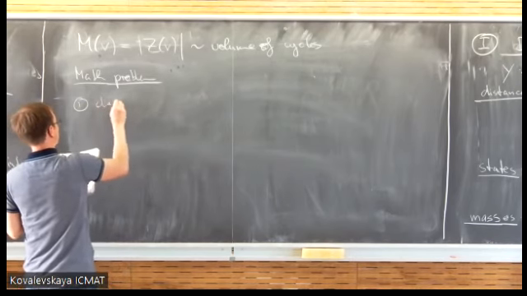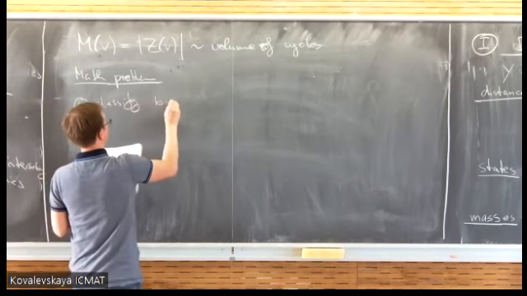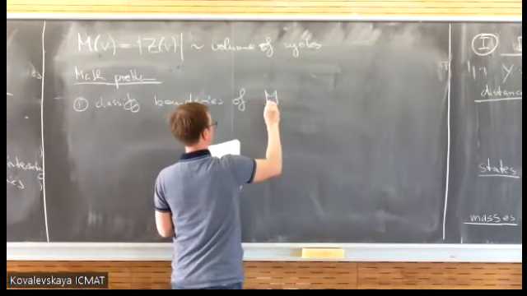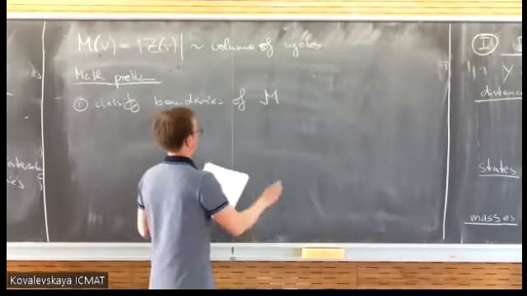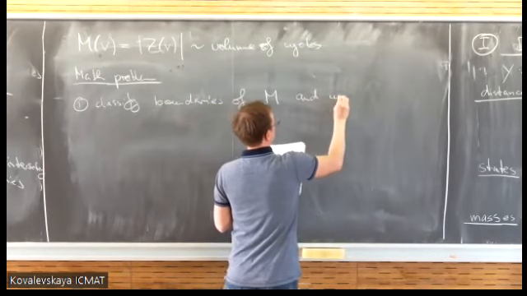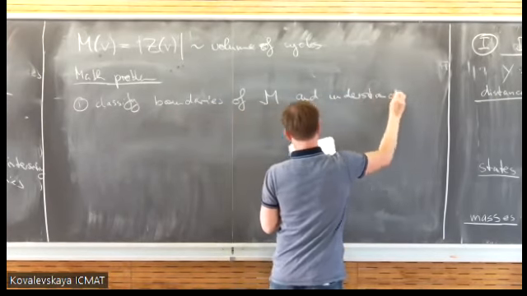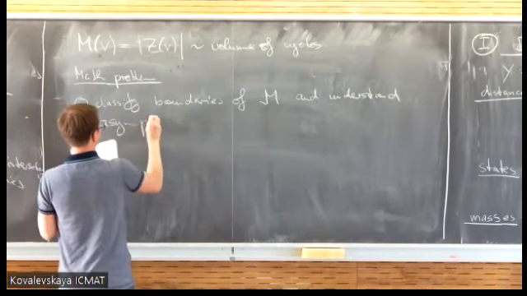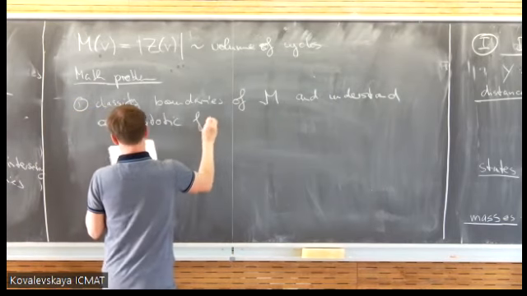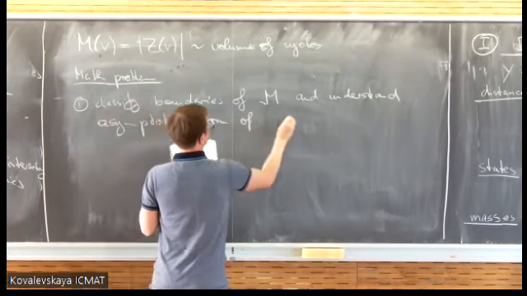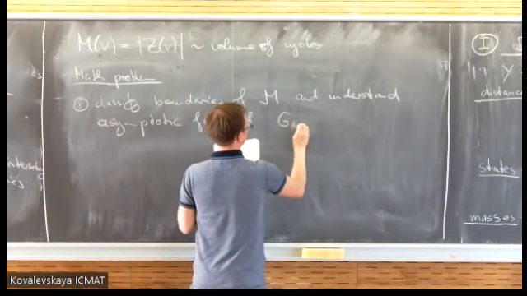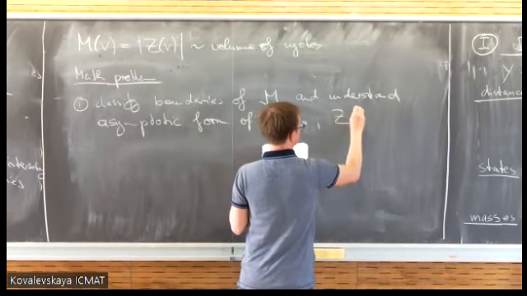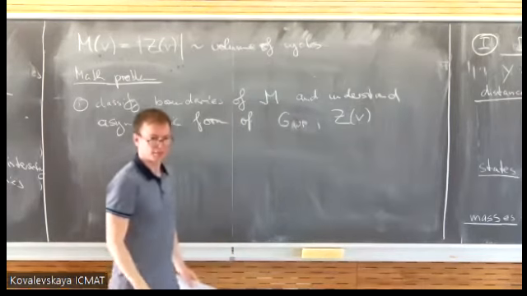We have to classify the boundaries of this moduli space M, and we have to understand the asymptotic form of the Bipartisan metric, because we want to have infinite distances, and of this function z, which depends on my integral class.